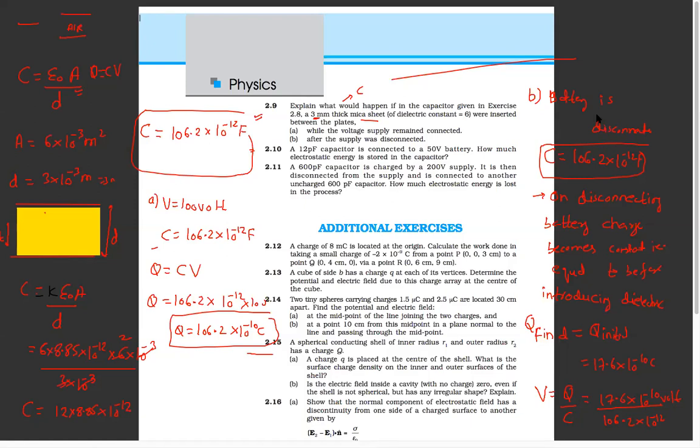So is it clear? And let me know when you have noted.